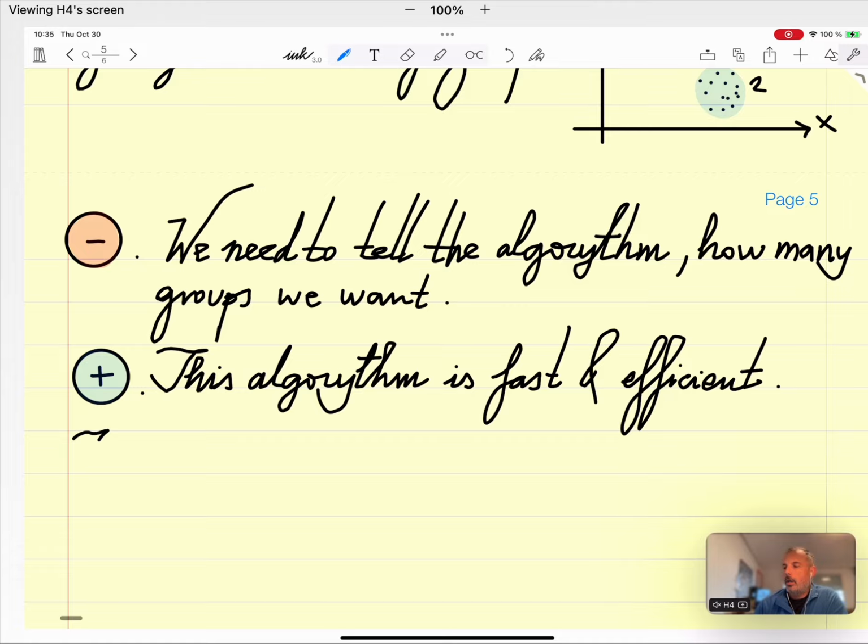You'll learn a little bit of machine learning algorithms, and not only business crap. So the K-means algorithm.